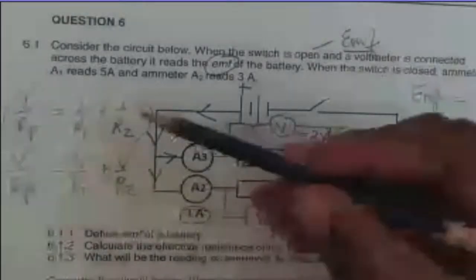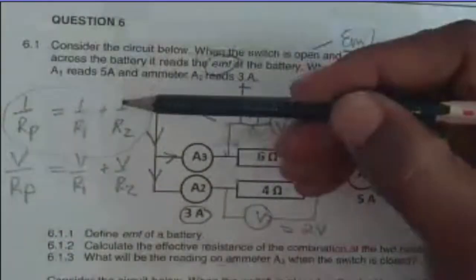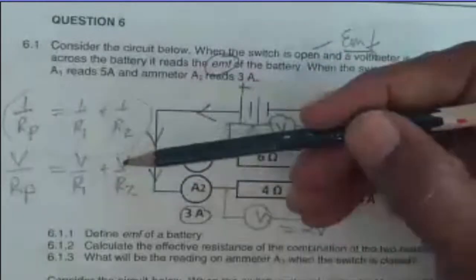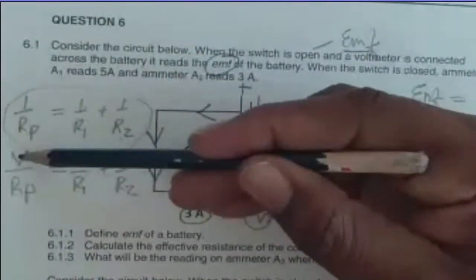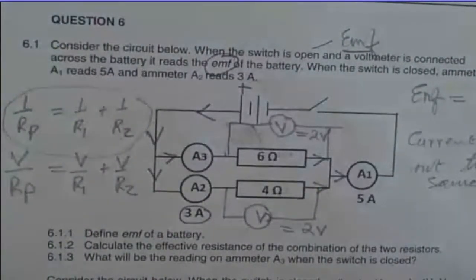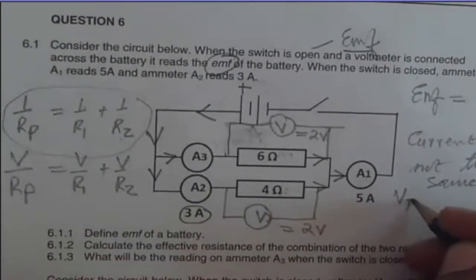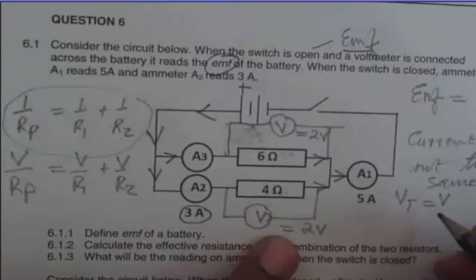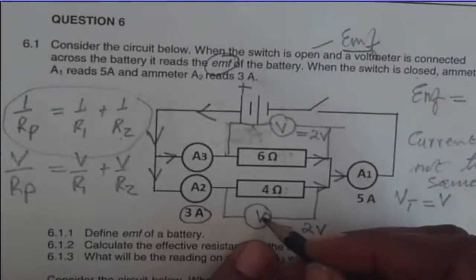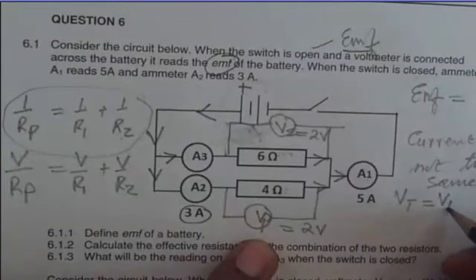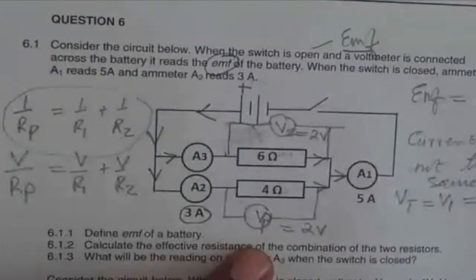To remember this, if I'm having this formula, what does the one at the top indicate? It simply means the potential difference is the same. We are going to say the V total will be the same as V connected. I can have V1 and V2 being the same.